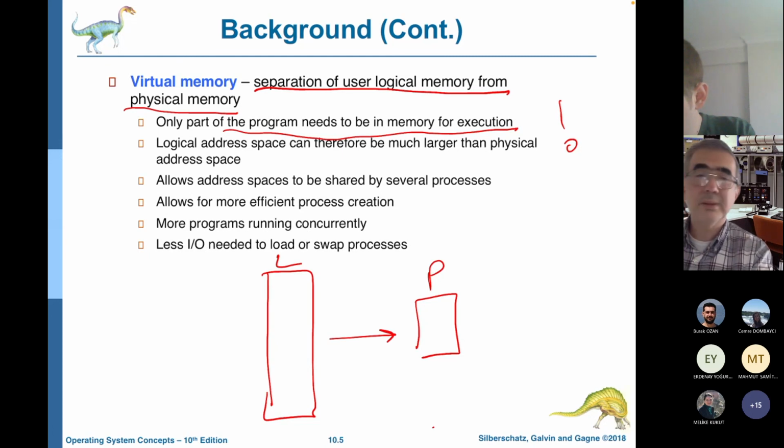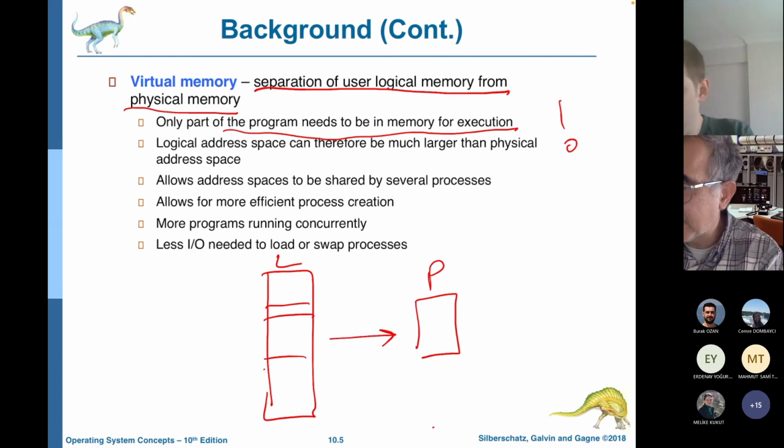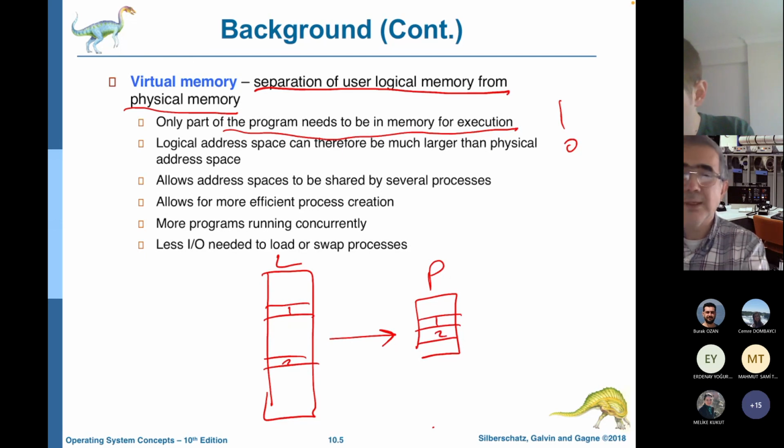Logical part of the memory can be much larger because I don't need it all the time. Address space can be shared by several processes like we have described in half an hour ago. And process creation becomes fast because you don't have to load everything from the beginning.